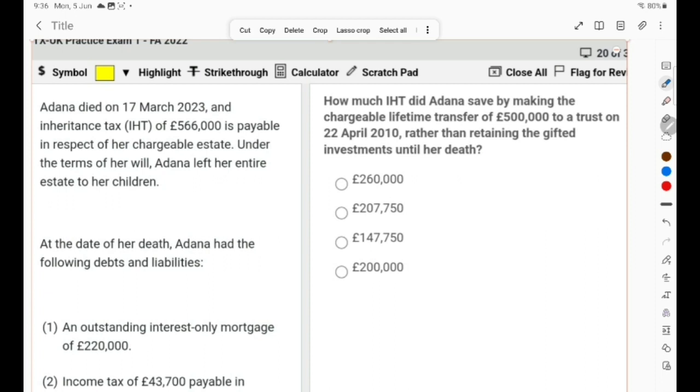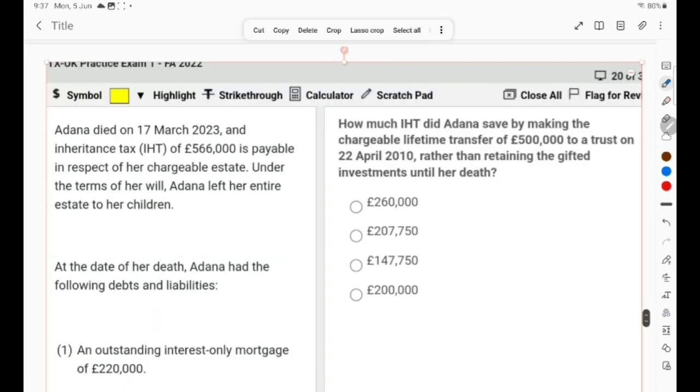Next question is, how much IHT did Adana save by making the chargeable lifetime transfer of 5 lakh to a trust on 22nd April 2010 rather than retaining the gifted investment until her death? So for this we have to consider the scenario again.